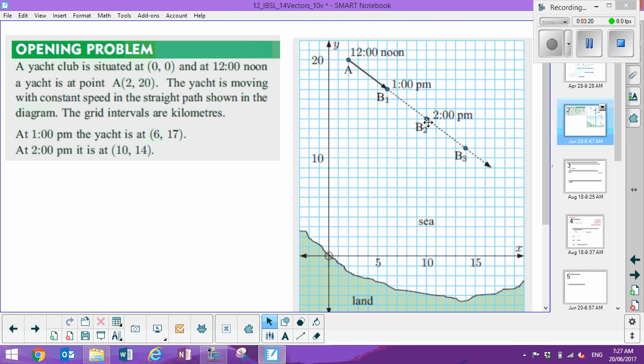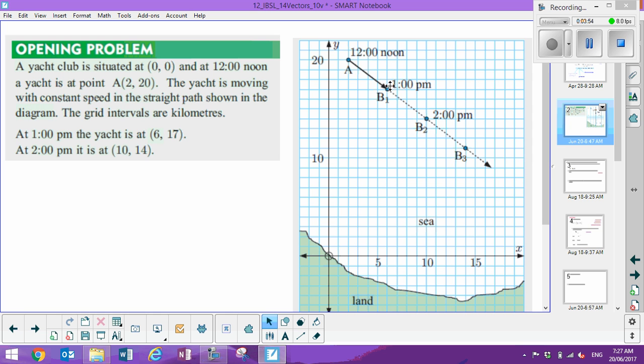If we remember our opening problem that we looked at in 13A, we had our yacht sailing, and it started off at our point 6, 17, which is up here, plotted on the axis. At 1 o'clock it's at 6, 17, at 2 o'clock it's now at 10, 14, sorry, it started at 2, 20. So here we've got several points on our line. We've got a direction vector, so we can calculate any position later, assuming it continues with that same direction vector.